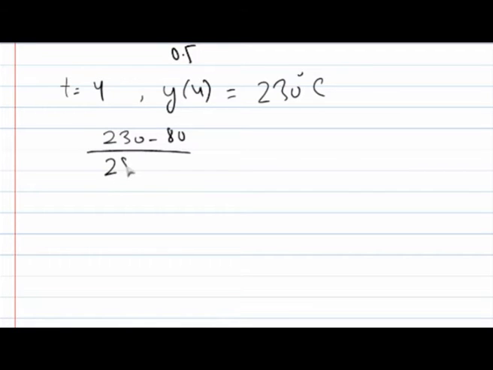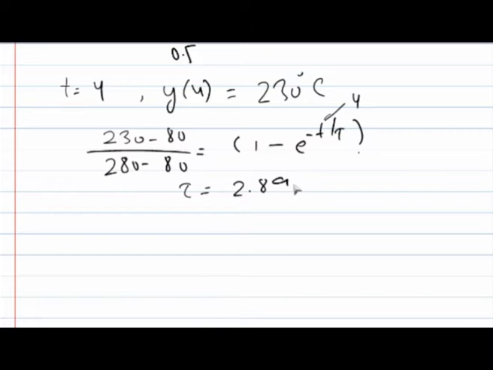So according to the question, at t equal to 4, I have y of 4 at 230 degrees centigrade. The best thing I could do is use these two values in the same equation, and this t is basically 4. From here I can now compute the value of tau, which will come out as 2.9.